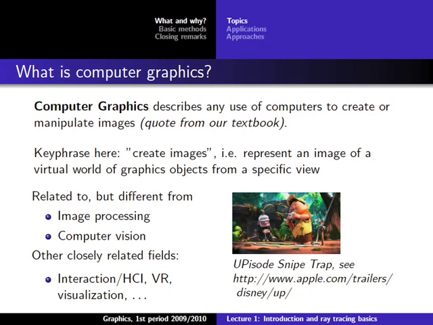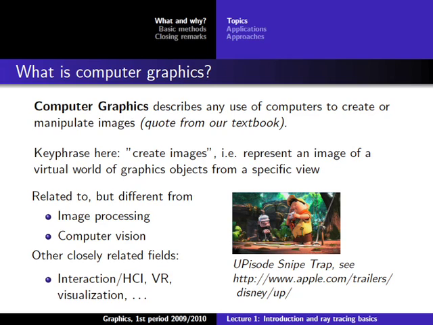So the borderline is obviously not strict. For example, if I take this image here and make it sharper, change the color, or do some things, is this image processing or is it computer graphics? That's hard to say. So these two areas usually overlap, but they are not identical.